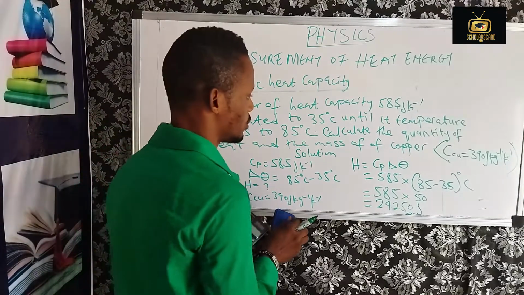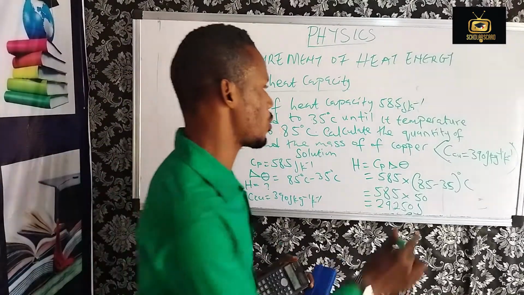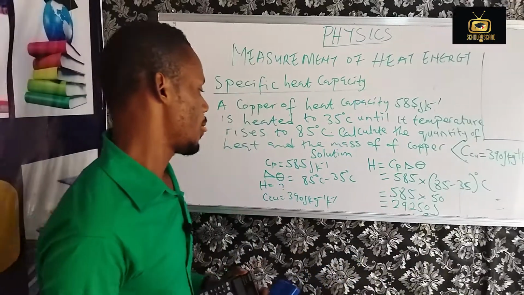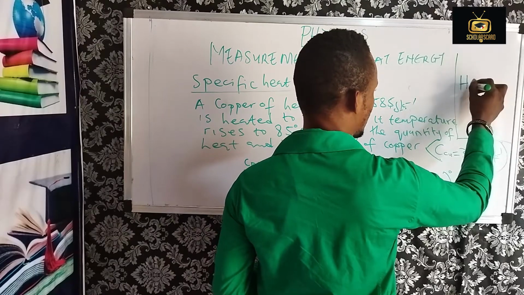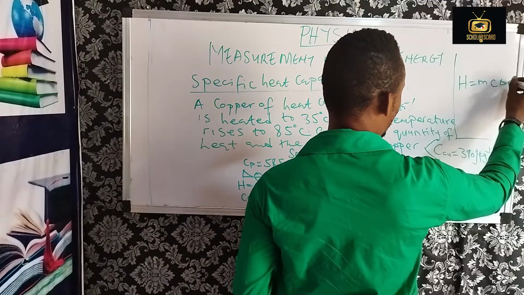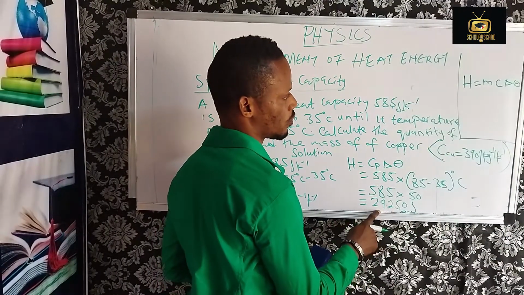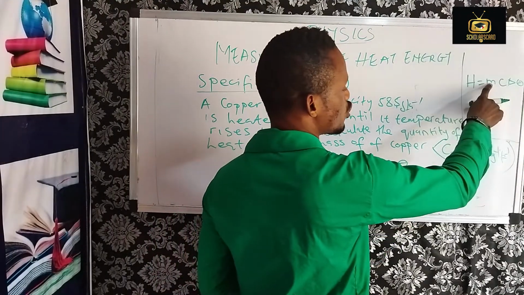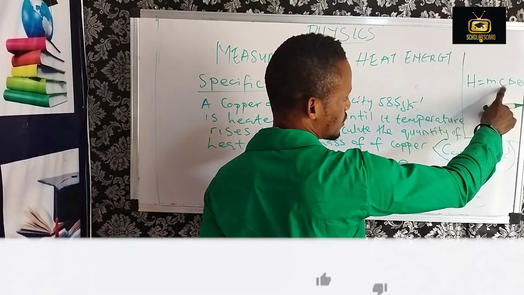Now let us calculate the mass. We are also asked to calculate the mass. To get the mass, you apply the formula for heat content with specific heat capacity, which is mass times specific heat capacity times change in temperature. Here we have to calculate the mass, where M is the mass. We have the quantity of heat and we have the specific heat capacity of copper. So you make M the subject of the formula by dividing both sides by the coefficient of M, which is C times change in theta.